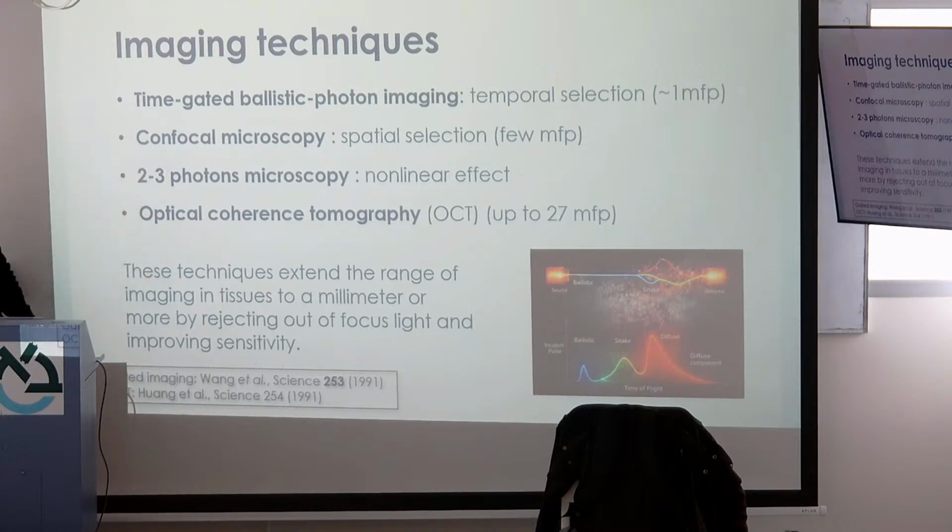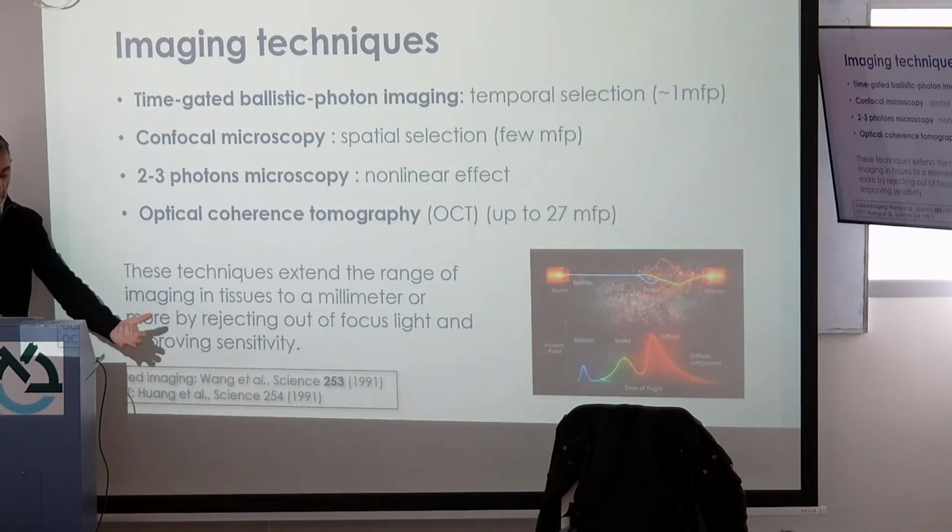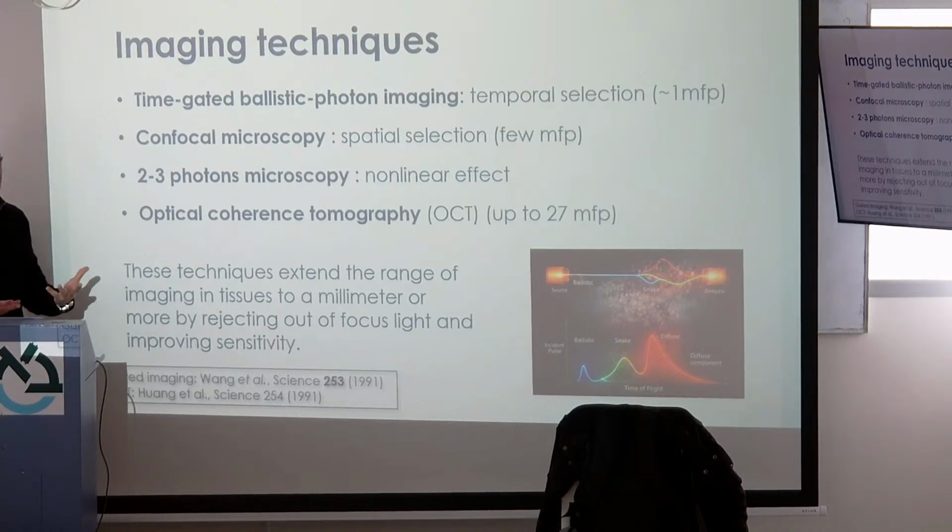Confocal microscopy. I will show you in a movie just after what type of technique that is. Typically, it's a spatial selection of the light which is either reflected by the object or, most of the time, emitted by the object.